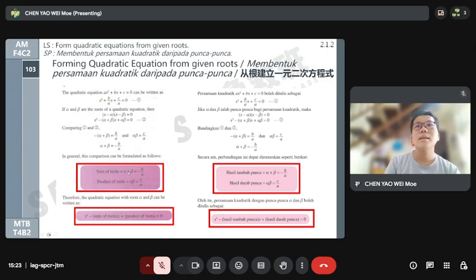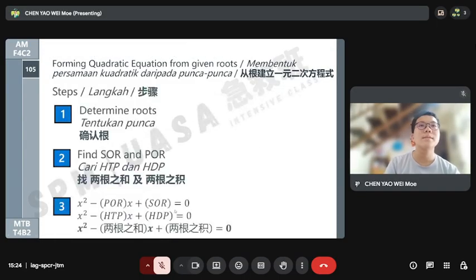Now, the steps to forming a quadratic equation: first, you need to determine the roots. Then the next step, you need to find the SOR and the POR. And by introducing this formula, we can make the quadratic equation.